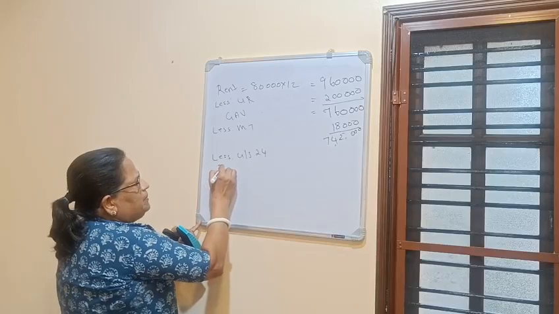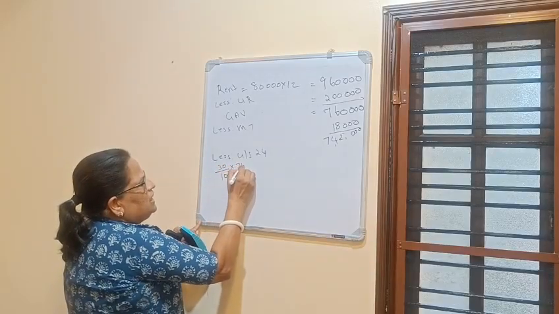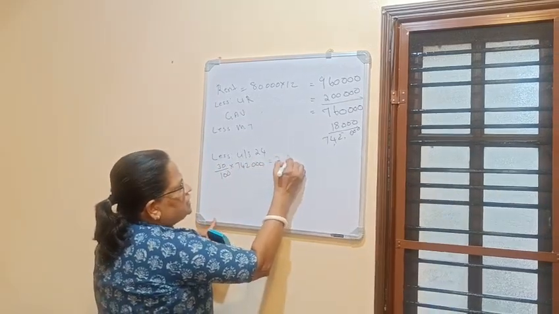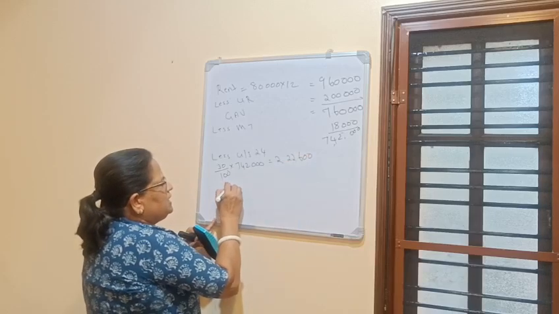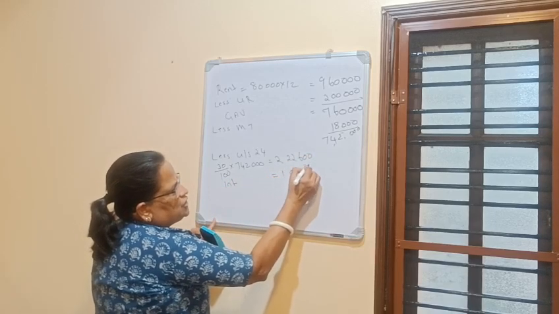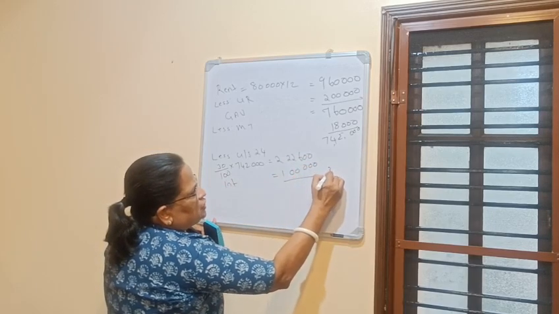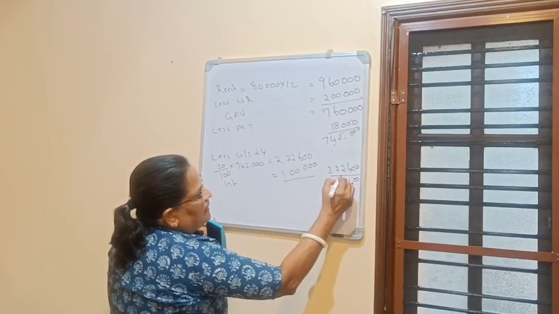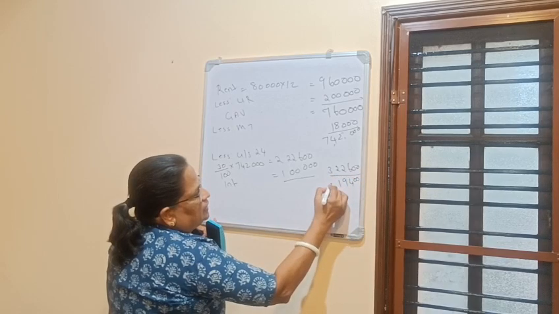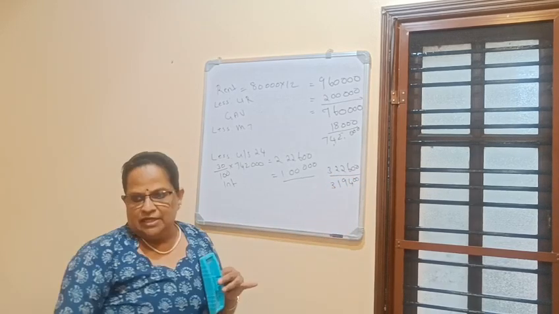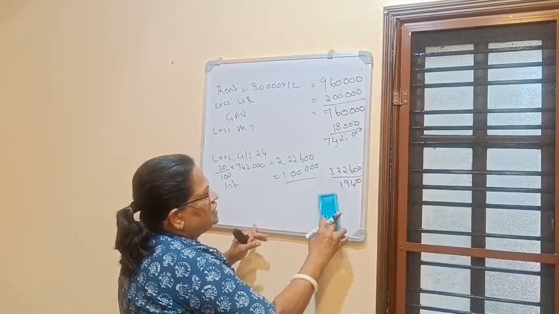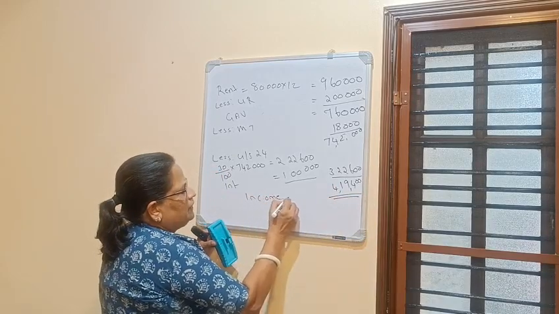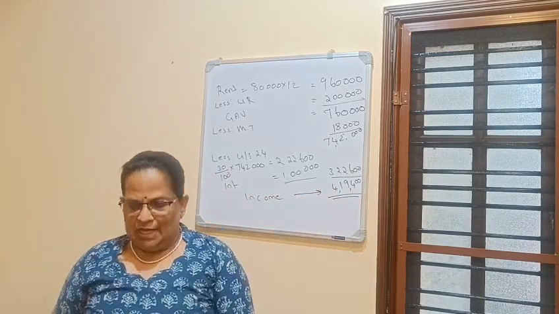One is 30% standard deduction on 7,42,000, that value is 2,22,600, plus interest on loan taken for construction of house property, 1 lakh. So 3,22,600. When you reduce this, you will get 4,19,400. This is the income from let out house property. Now we will do the last problem.